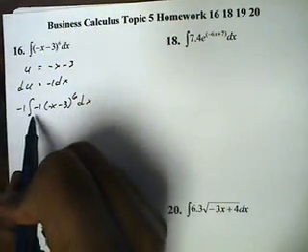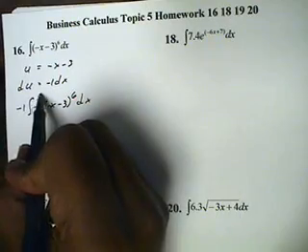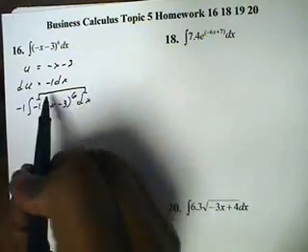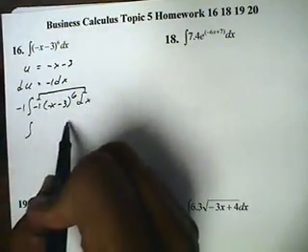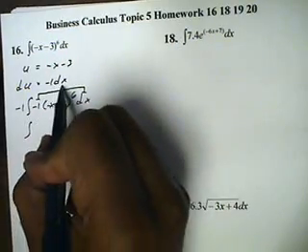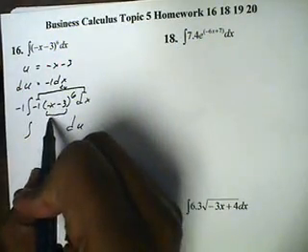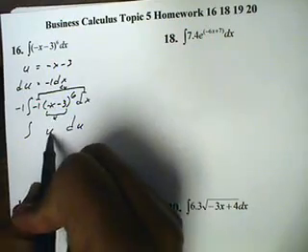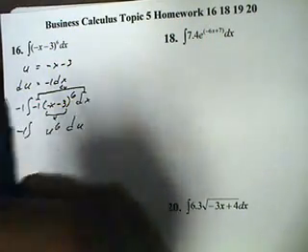Alright, so this portion right here, the negative 1 and the dx, that is represented by du. This portion right here is represented by u. So this is u to the 6th power with the negative 1 on the outside.